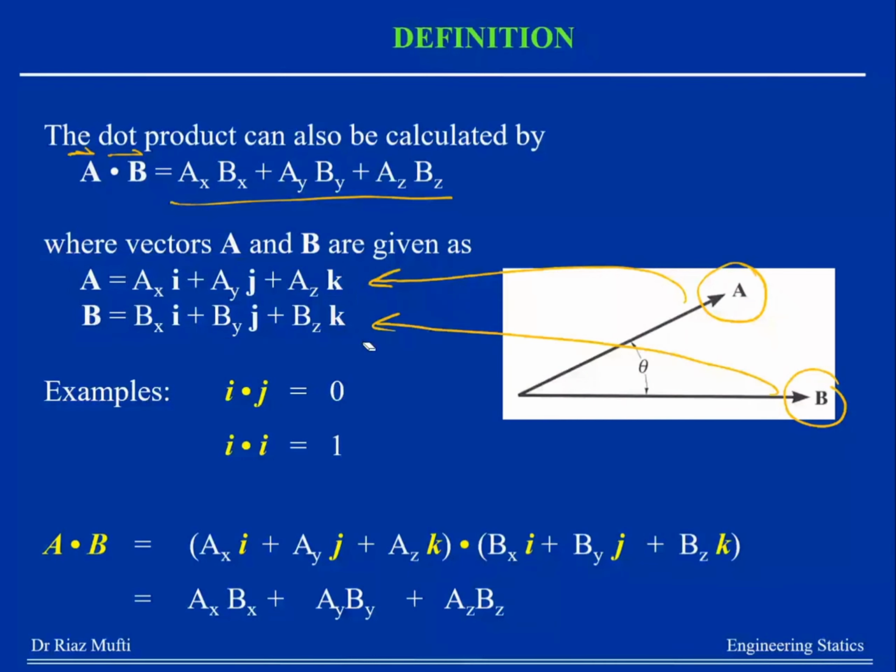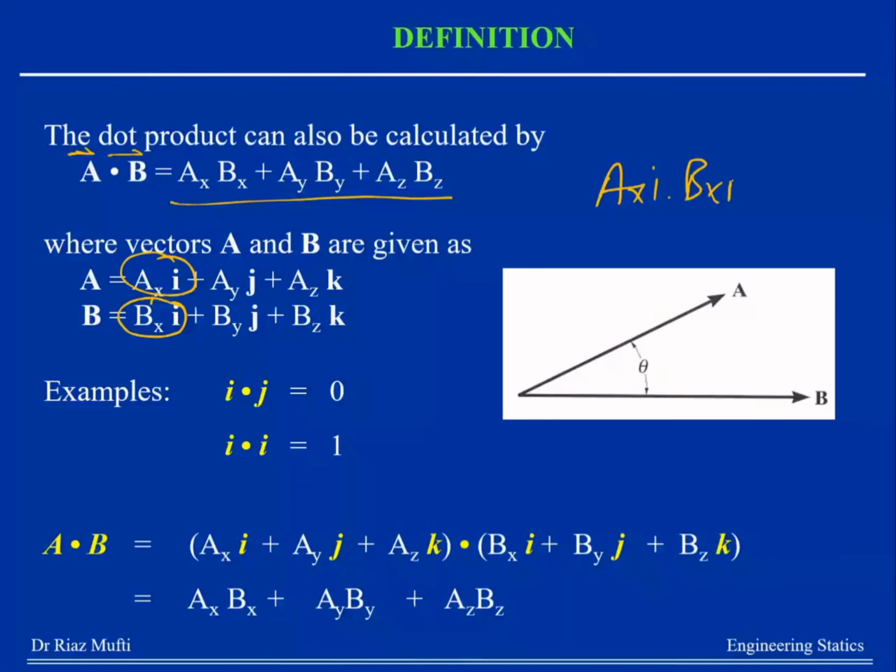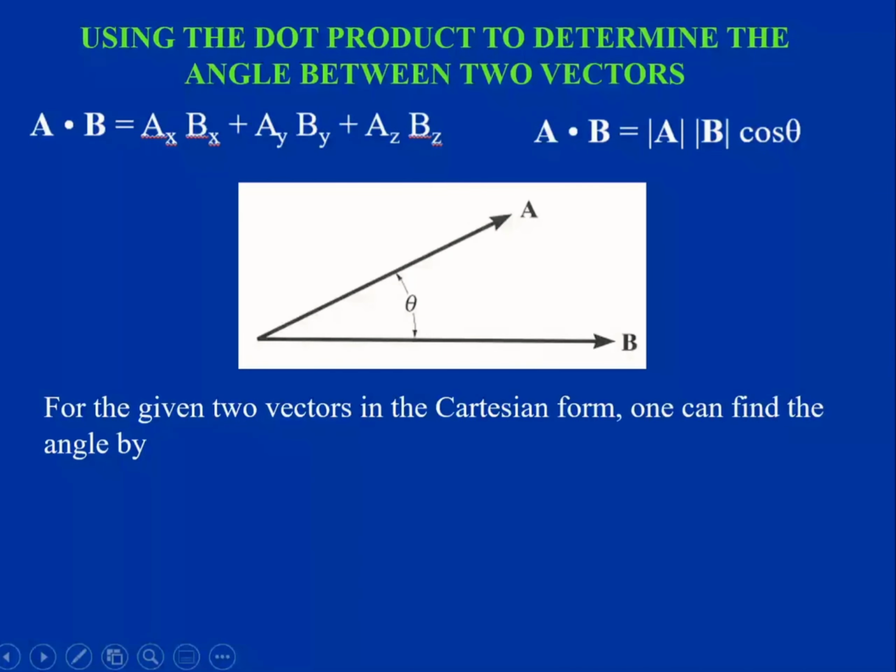So if I do A dot B, I multiply first this one with this one. That is basically AX i into BX i. Then I multiply AX with my BY. That would be plus AX i into BY j.